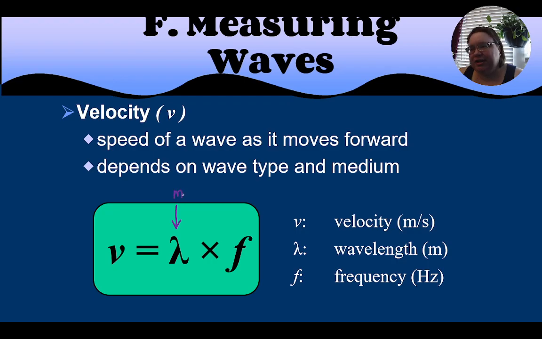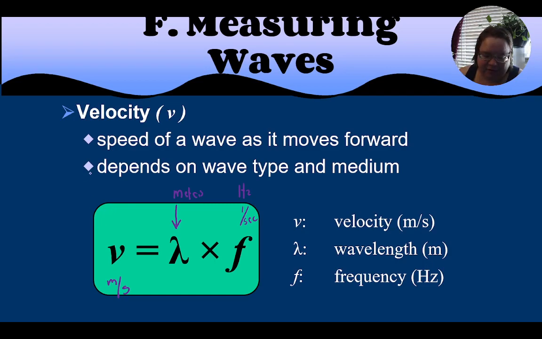Wavelength is measured in meters. Frequency is measured in hertz, or 1 over seconds. And if we take meters times hertz, we get meters per second. Since we're talking about moving forward, this is a velocity, and it's measuring how quickly a wave moves.